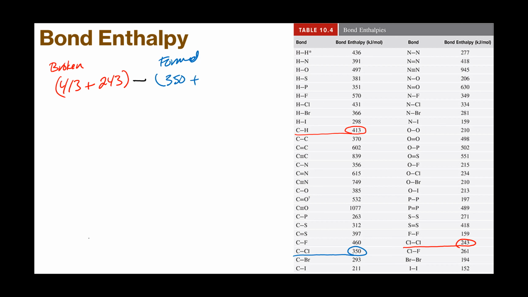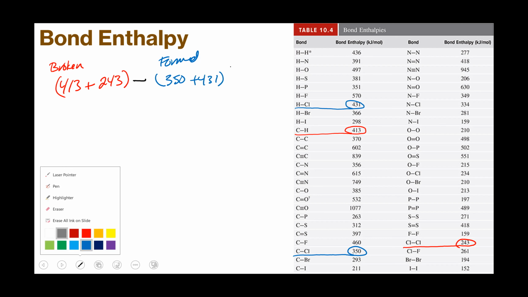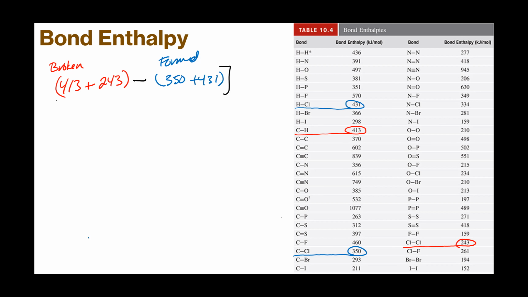There's HCl, 431. Again, it looks like I'm doing this without units, but we can be sneaky and say this whole thing is going to have kilojoules per mole. This will give us delta H naught reaction.